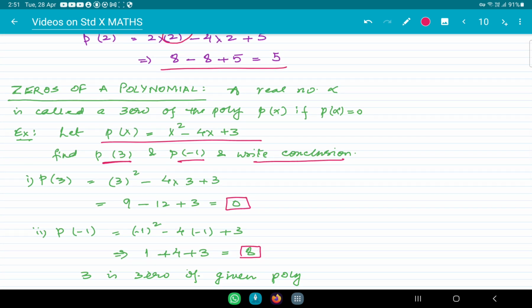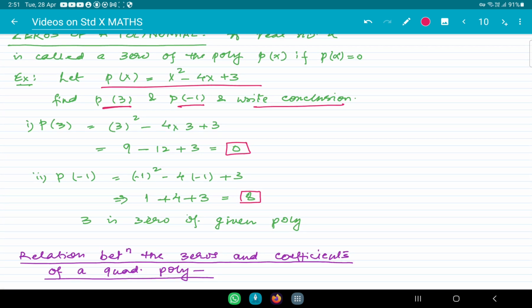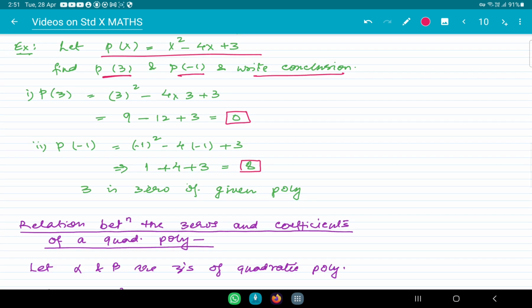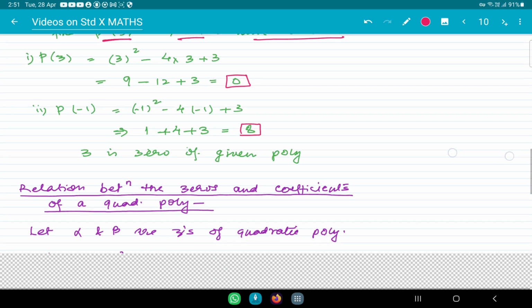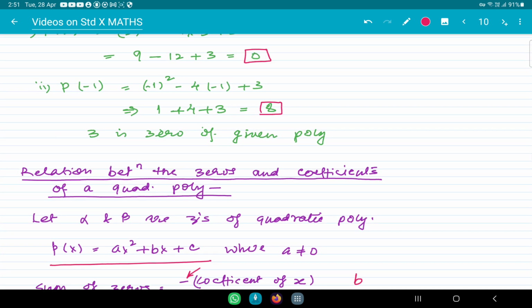Then zeros of a polynomial. If you want to check whether a given number is a zero or not, and you get 0, then that number is a zero of the polynomial, or else if we get some remainder, then it is not a zero of the polynomial.